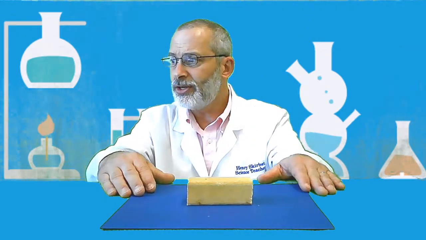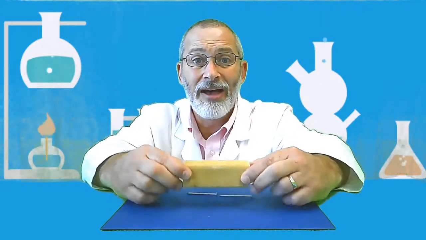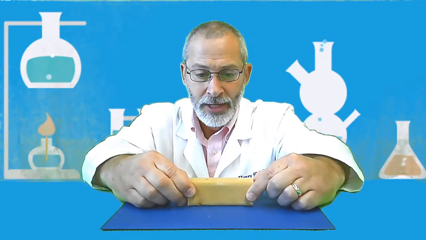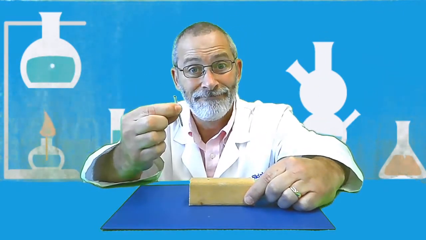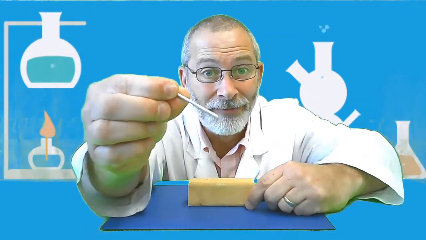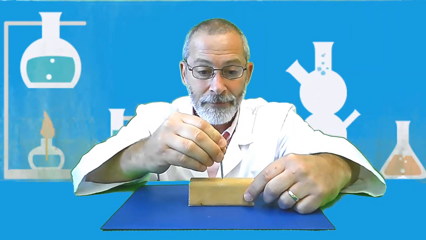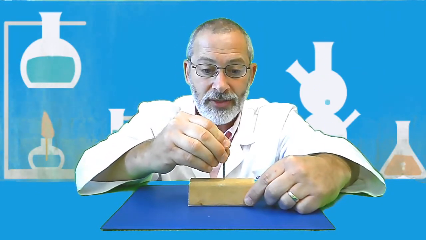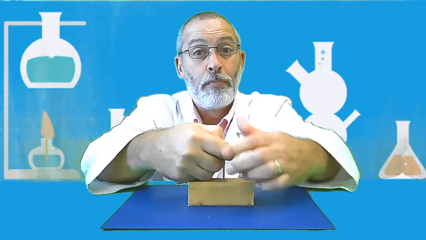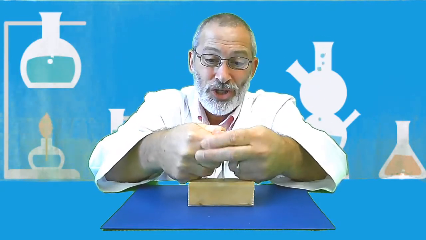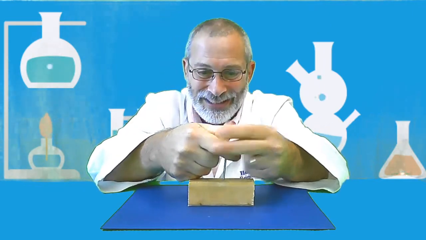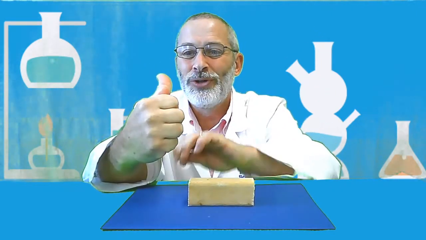And you'll notice in front of me, I have a block of wood. And behind this block of wood, I have a nail, just an ordinary nail. Now, I could try very hard to take this nail and to push it or apply a force to this nail to try and get it to stick into the wood.